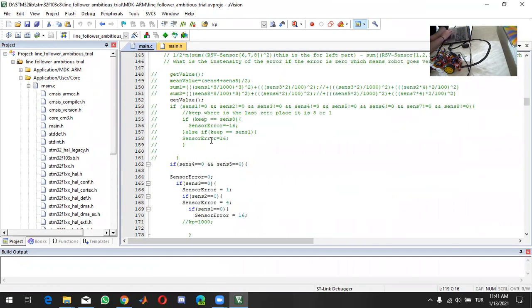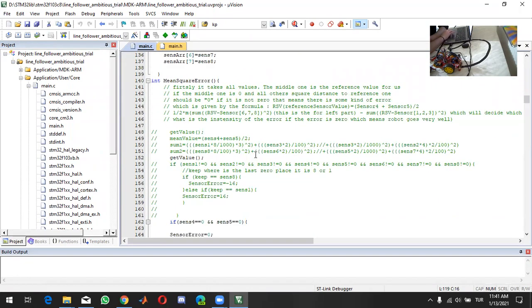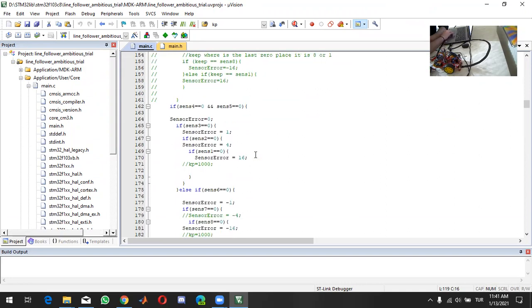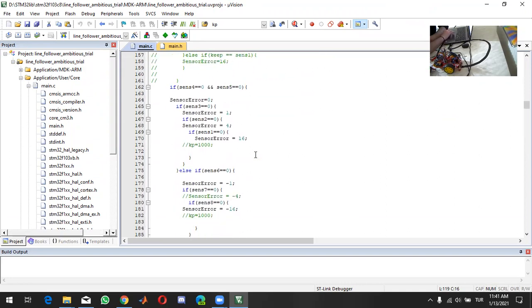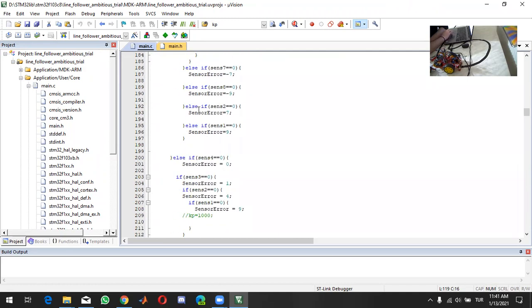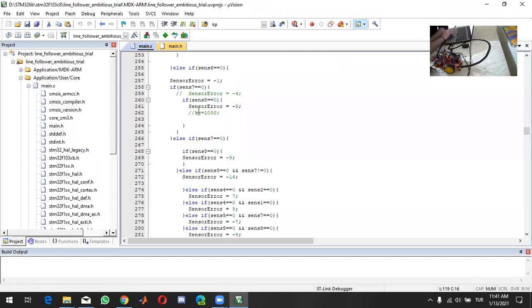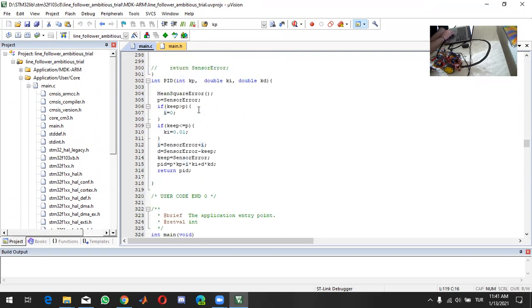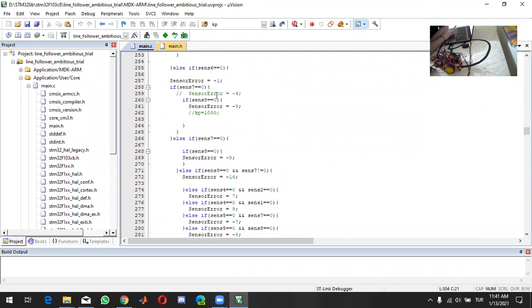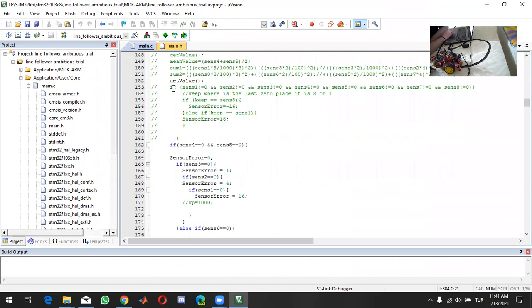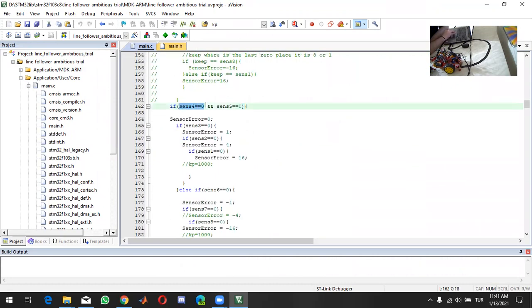After all, I tried to use the square error, but it doesn't work, so I changed it to this algorithm. I will explain it in another video. In this PID section, I call the mean square error of my sensor error. For example, here, sensor 4 is 0 and sensor 5 is 0.